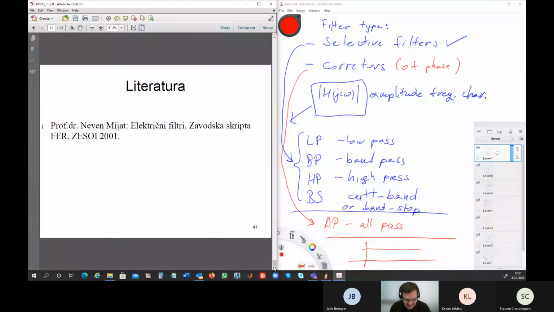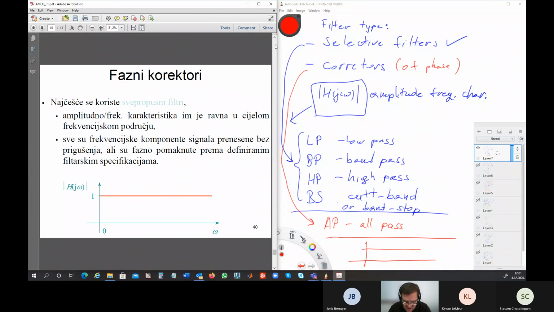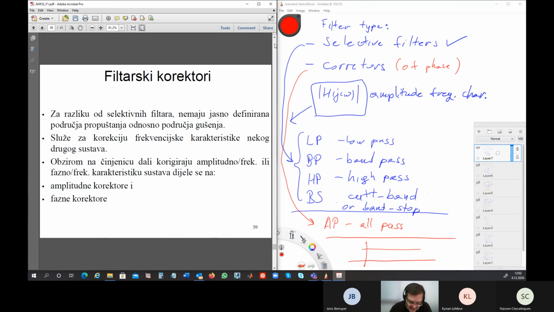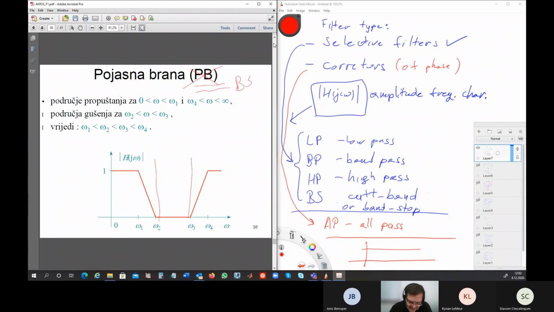Here is the one booklet which is in Croatian, so it's not very useful for you, but you can use it. And I think this was for the first time. Was 45 minutes enough for this lecture? I would like to ask you if you have some questions about today's lecture, because I'm not going to go into details the first time.